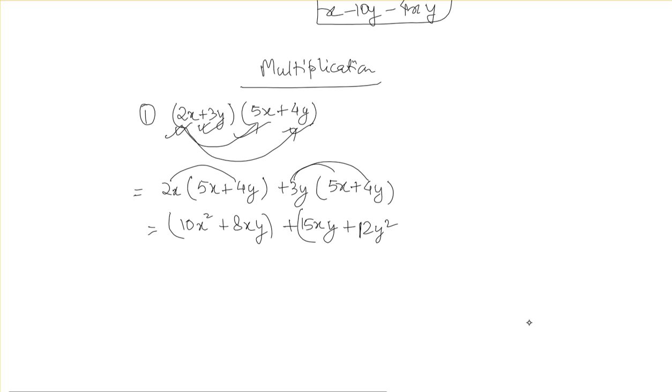Okay, xy and xy, 8 and 15, that is 23. So 10x square plus 23xy plus 12y square is our answer.